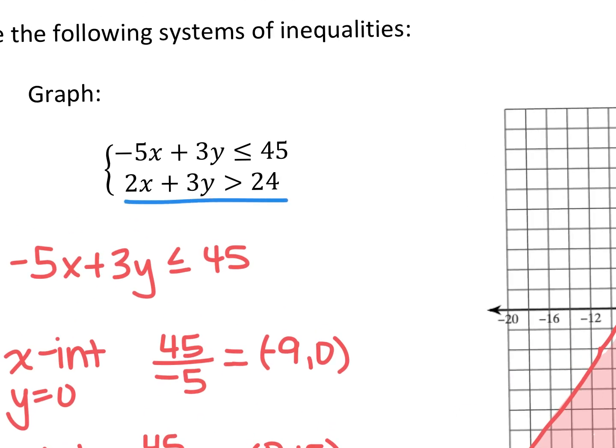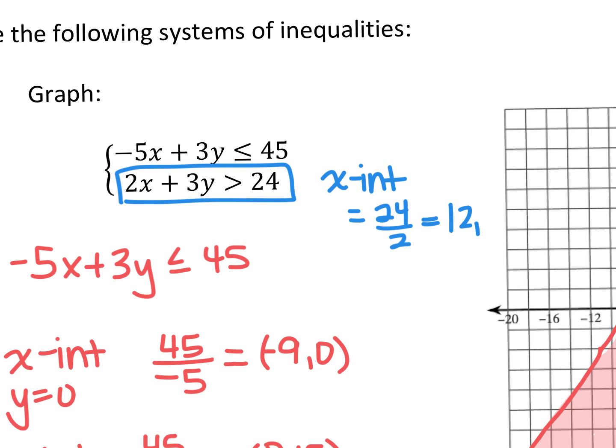So for this one, the x-intercept is going to be 24 divided by 2, which is 12, 0. And then the y-intercept is going to be 24 divided by 3, which is 0, 8.